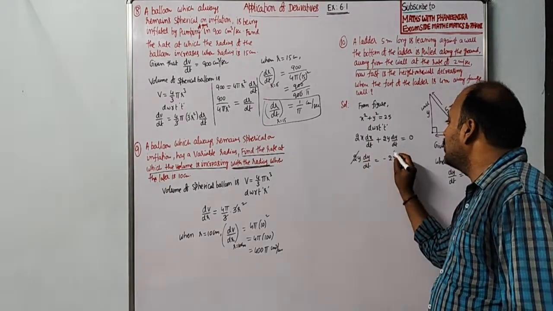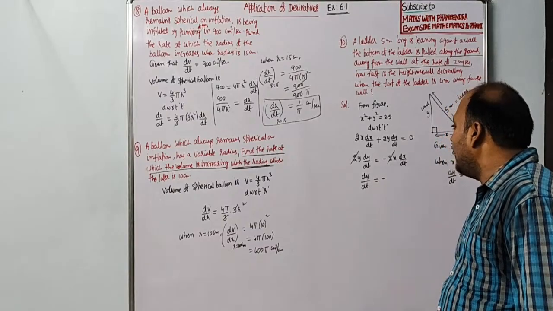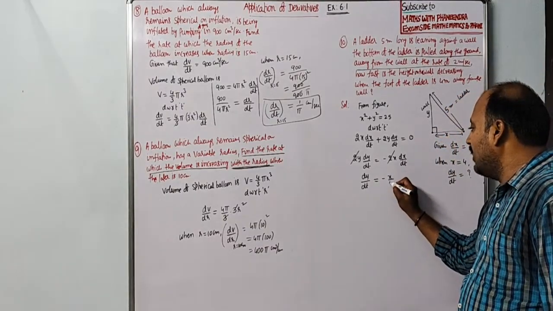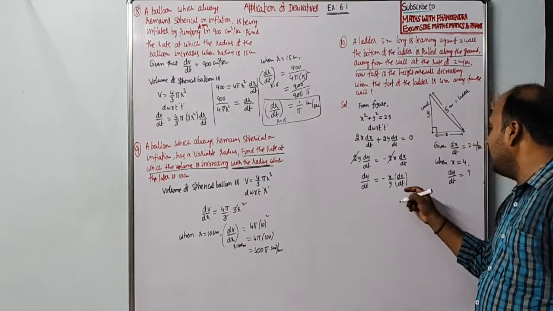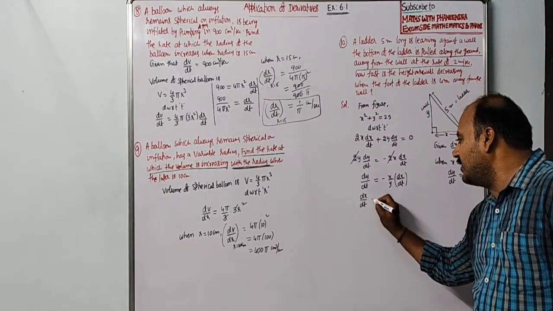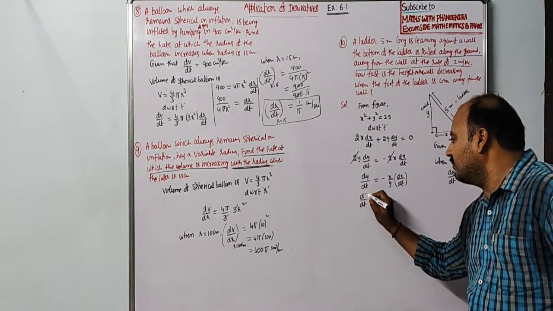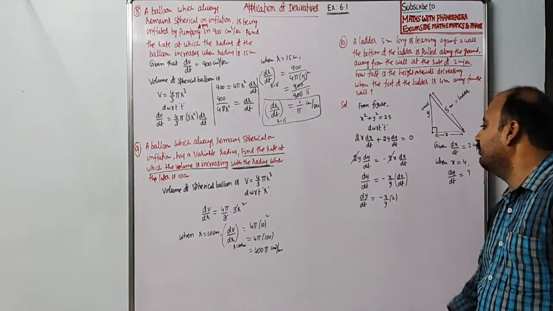Both sides 2 get cancelled. dy by dt is equal to minus x by y into dx by dt. The dx by dt value is given as 2, substitute in this: dy by dt is equal to minus x by y into 2.